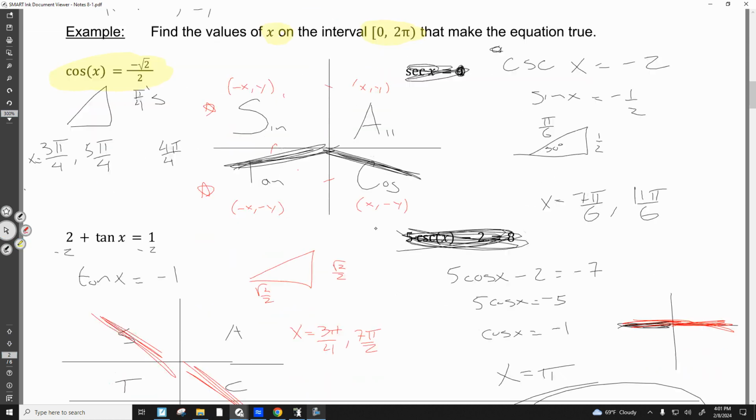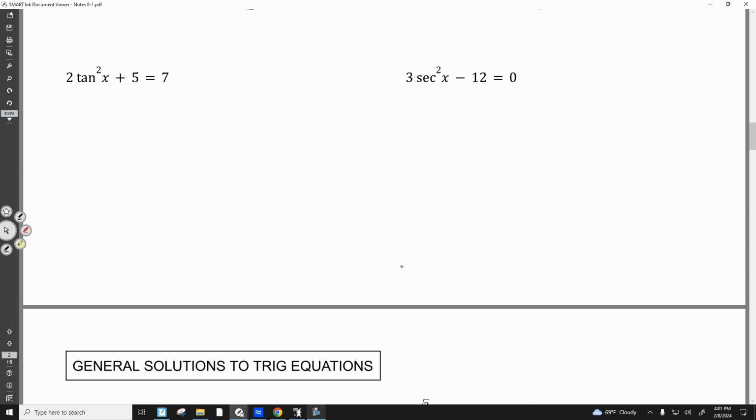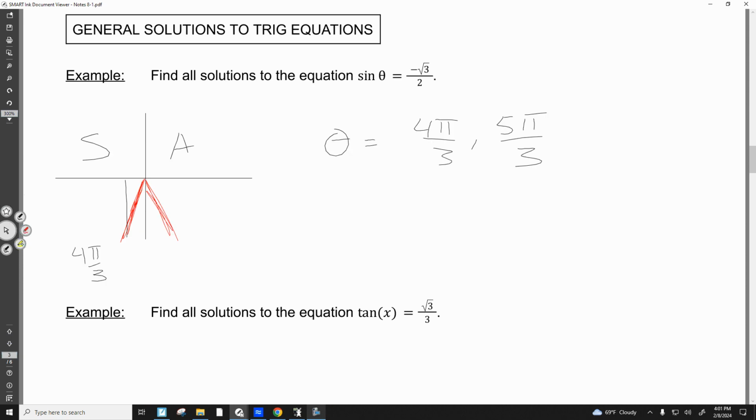But here, I ask you for all the solutions. So you got to think to yourself, all solutions, are there more angles where the sine of the angle equals negative root 3 over 2? And the answer is, of course there are. Just keep adding or subtracting multiples of 2 pi.